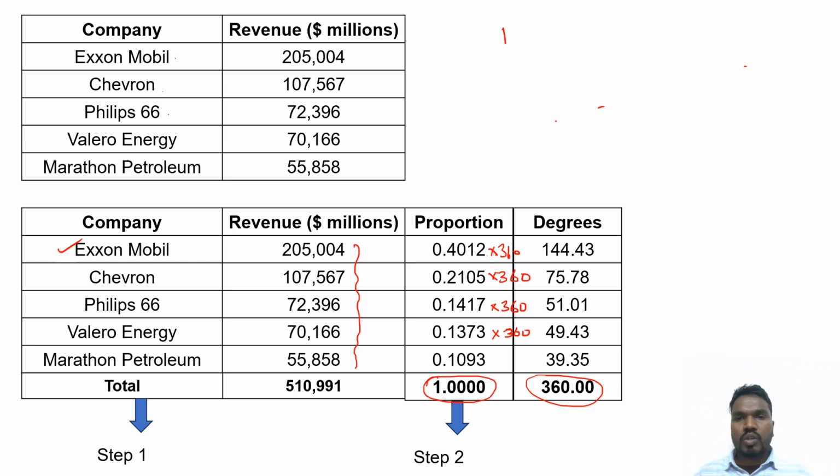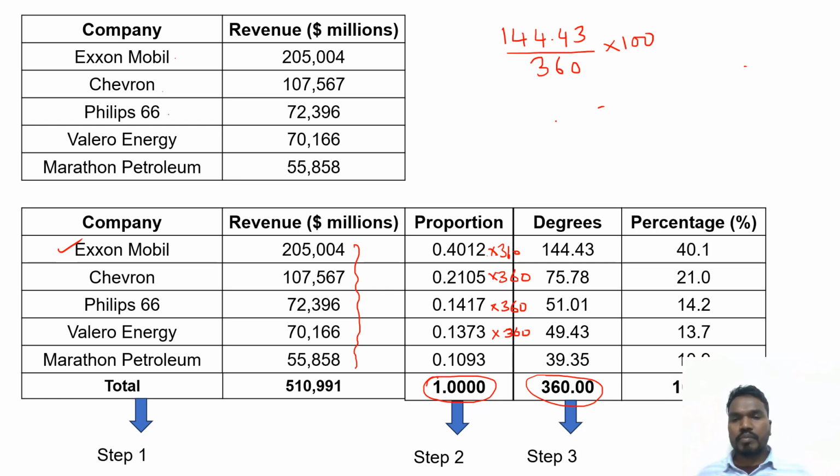So here, now I want to find the degree percentage for Exxon. So Exxon is how much? 144.43. Out of how much? 360 degree. So I want to convert it into percentage. You just multiply with the 100. So then you would be getting the percentage for each one. Similarly for the Chevron.